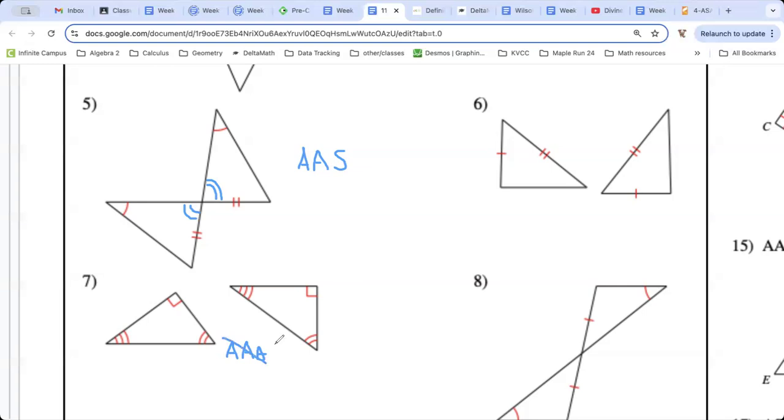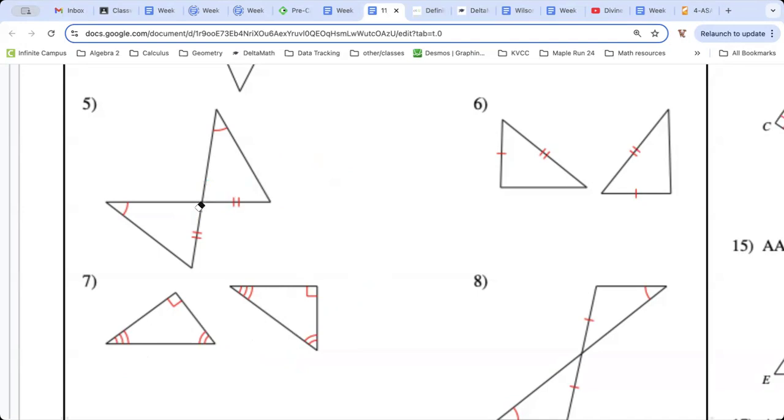Unfortunately, angle angle angle is not a concrete proof for two triangles being congruent. So number seven, we have to say no, because just think about it. You can have a smaller triangle with the same proportions. All the angles will match up. So angle is no concrete proof for triangles being congruent. Okay, so angle is no proof.